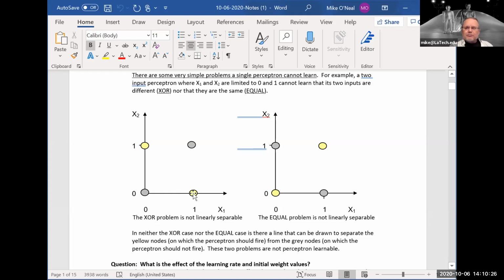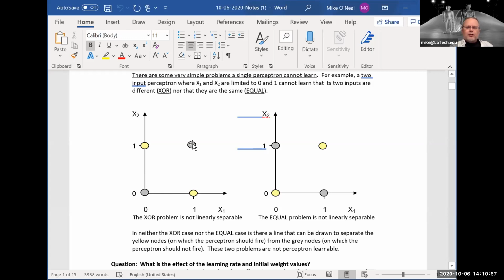XOR should say yes, because it's either, but not both. So this 1, 0 is true on an XOR, and 0, 1 is also true. In this case x2 has a 1 in it, but x1 has a 0, and in this one x1 has a 1 in it, but x2 has a 0. So these are the 2 XORs.